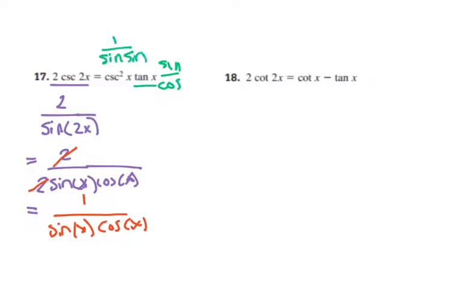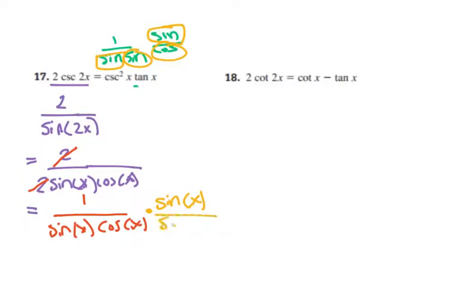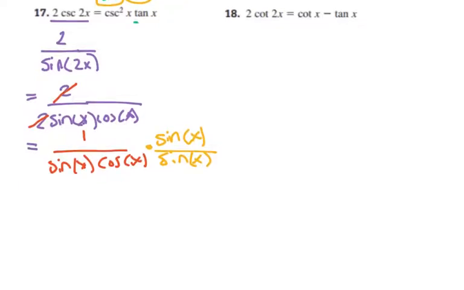And so if we take a look at what we have, we have a cosine and a sine, but we need a sine and a sine on top and bottom. And so technically I can multiply a sine over a sine and distribute that within.